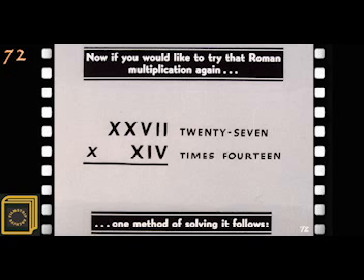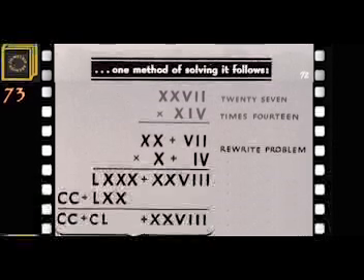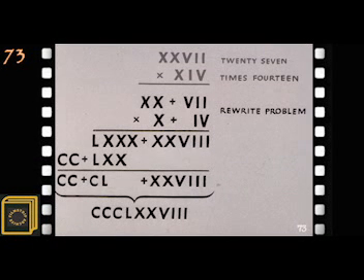Now, if you'd like to try that Roman multiplication again, one method of solving it follows. 27 times 14. Then they rewrite the problem and break it down.